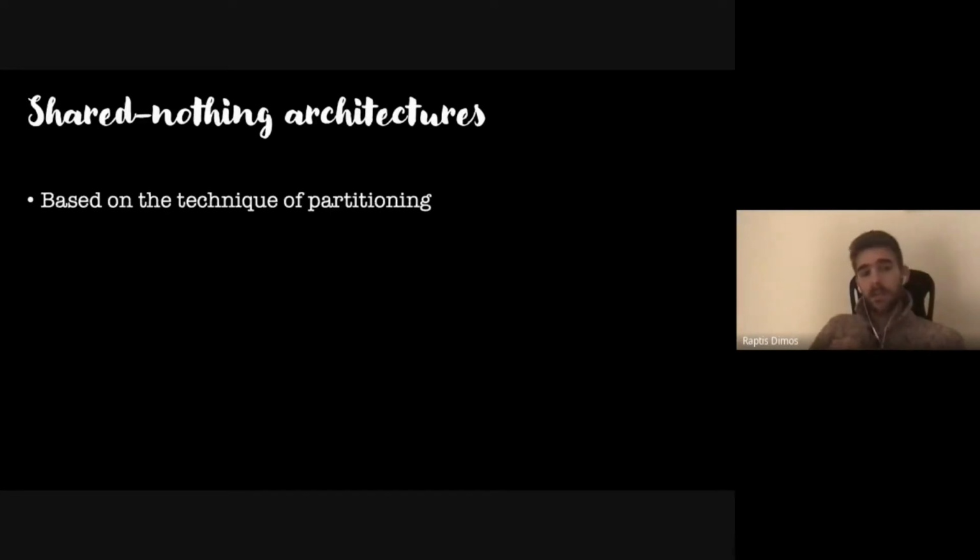Shared nothing architectures are based mostly on the technique of partitioning. And partitioning is essentially the process of splitting a dataset into smaller datasets, and then delegating the responsibility of storing these datasets and providing access to these datasets to different parts of a system.